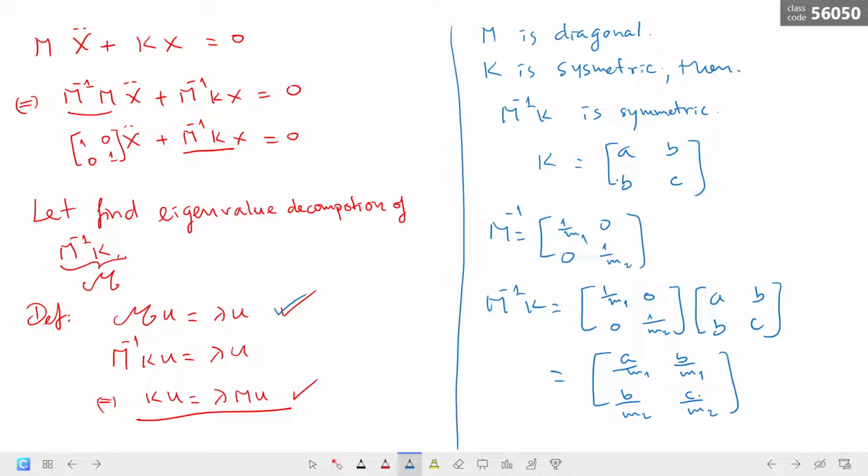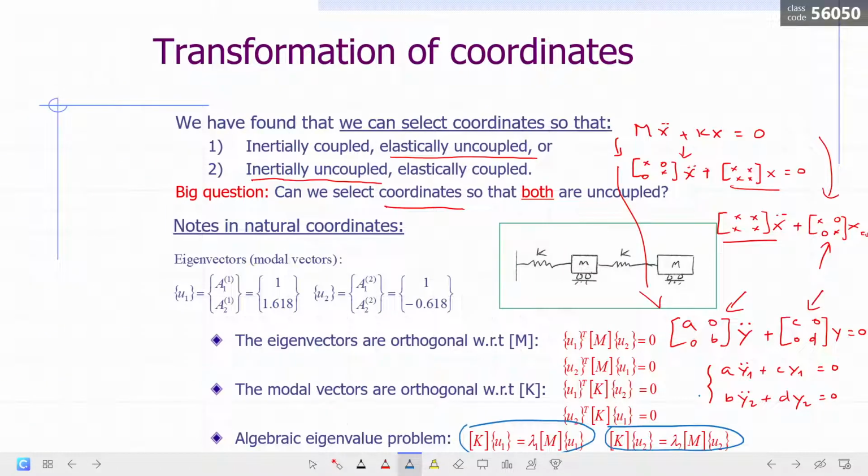So why am I interested in a symmetric matrix? Because the eigenvectors of a symmetric matrix are orthogonal.